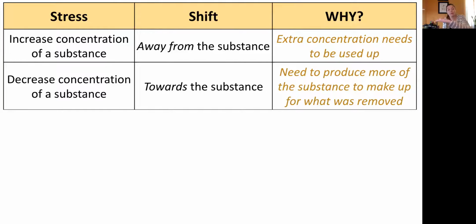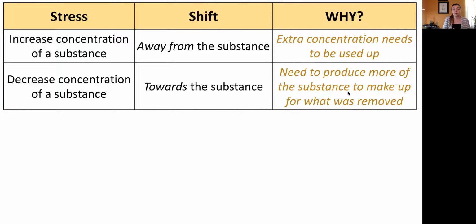We're going to make more reactants to try to make up for that. If we lose some products, we're going to shift to make more products to try to make up for what was lost. So we need to produce more of that substance to make up for what was removed. All this principle is: we messed up our equilibrium, and now we need to try to reestablish it.